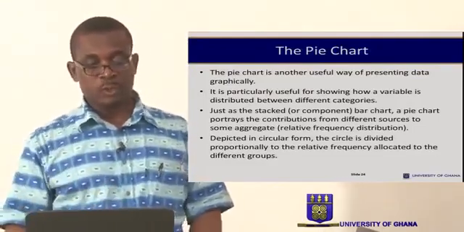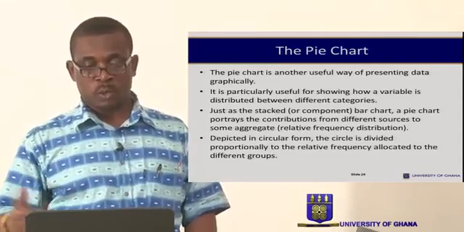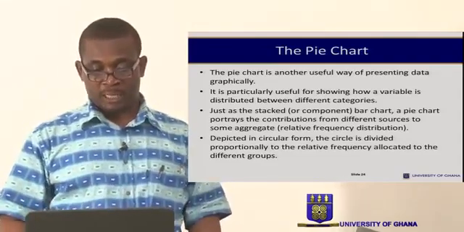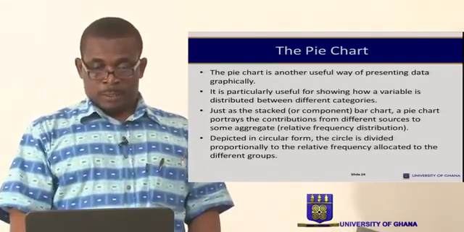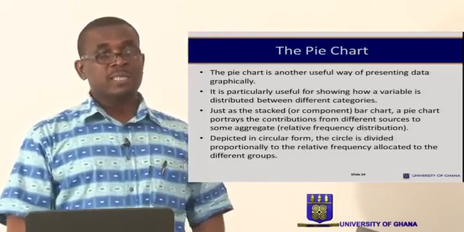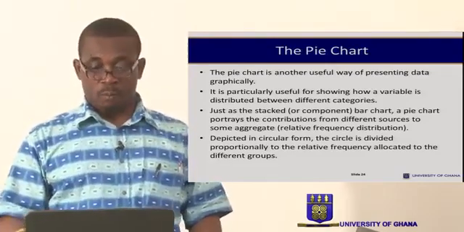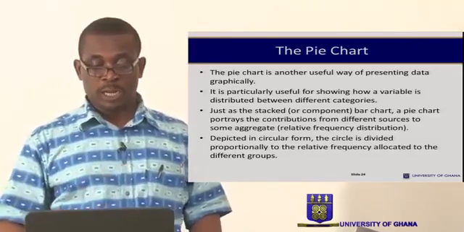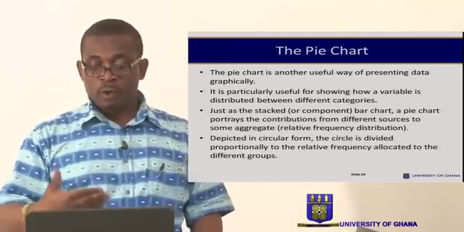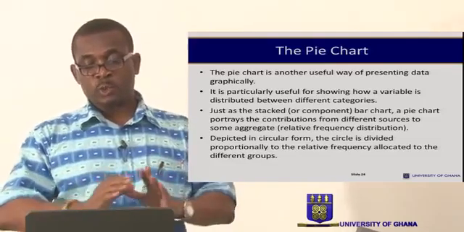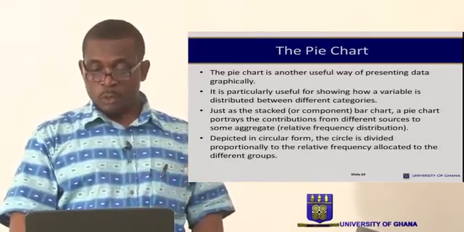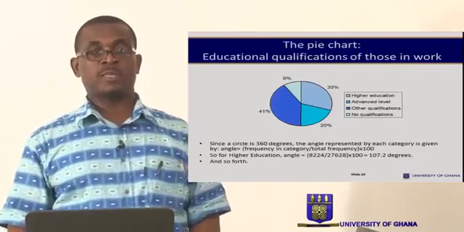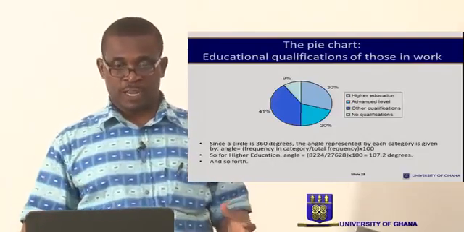It is similar to the stacked, or what is also called the component bar chart. Now, the pie chart is depicted in circular form, and the circle is divided proportionally to the relative frequency allocated to the different groups. So let's illustrate an example with the same set of data.